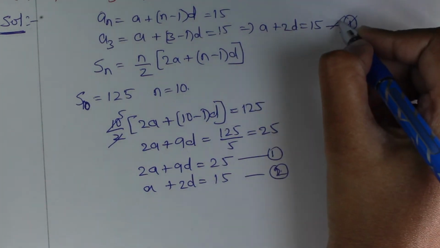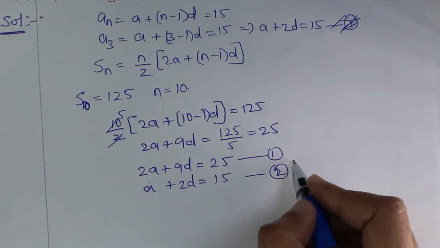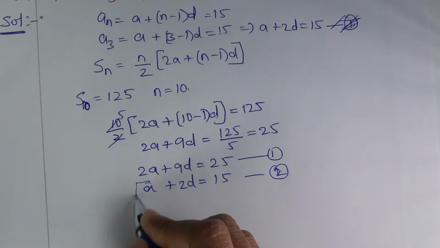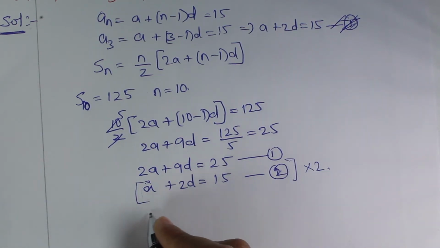This is equation 1, this is equation 2. Now I'll multiply equation 2 by 2, multiplying on both sides by 2. So it becomes 2a plus 4d is equal to 30.